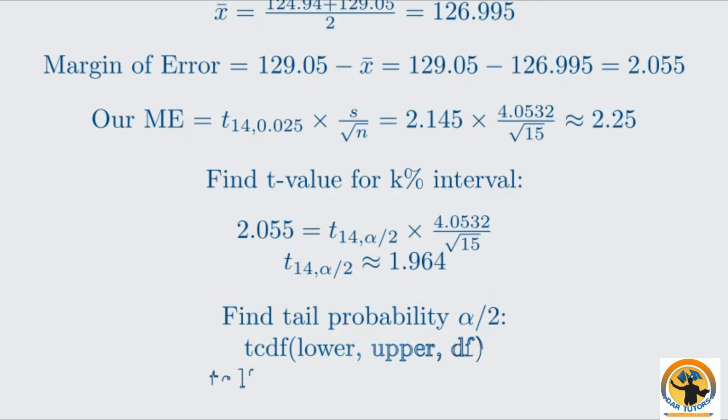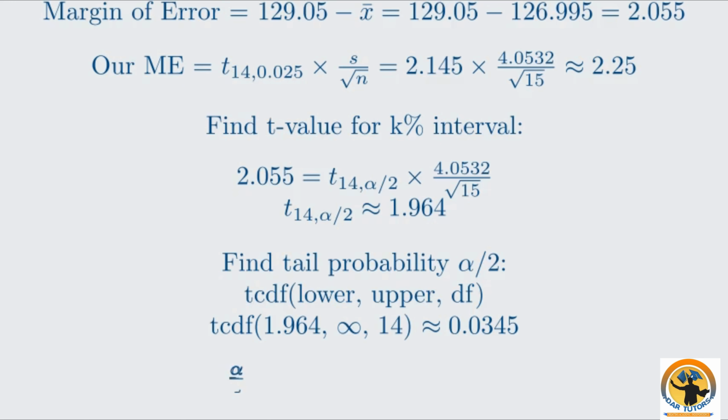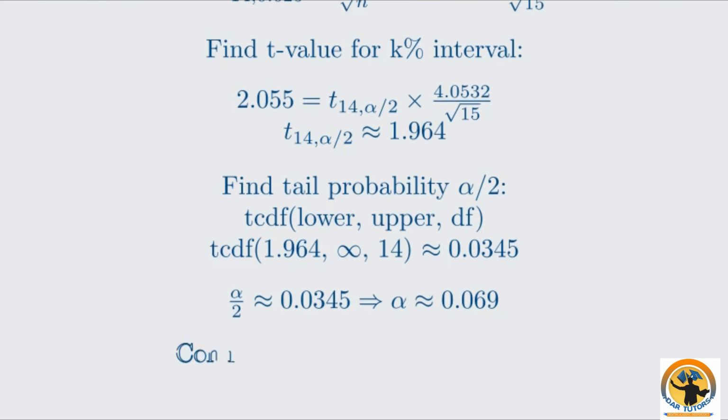TCDF from 1.964 to 9999 with 14 degrees of freedom is approximately 0.0345. So alpha over 2 is 0.0345, which means alpha is 0.069. The confidence level is 1 minus alpha, which is 0.931 or 93.1%. Therefore, k is approximately 93.1.